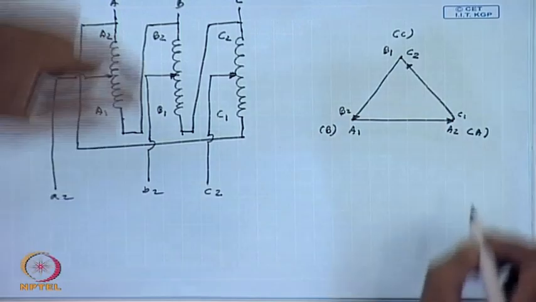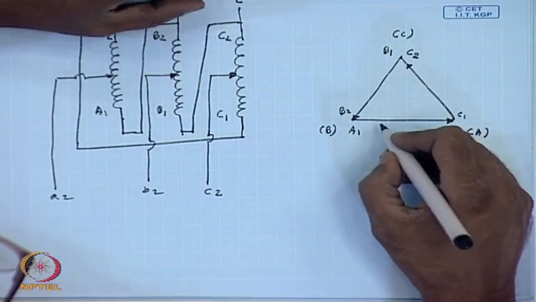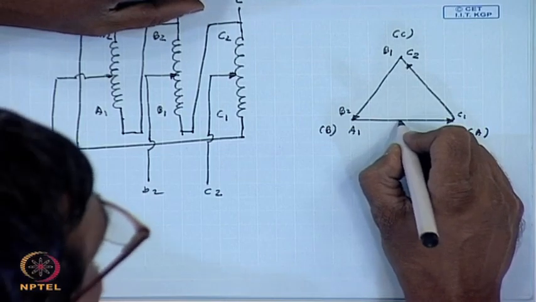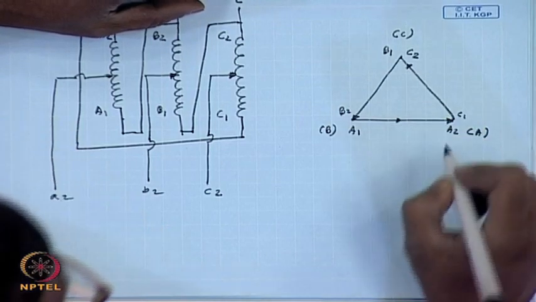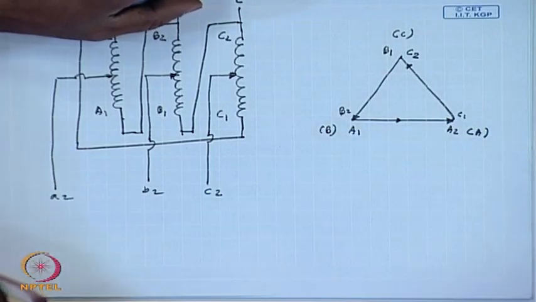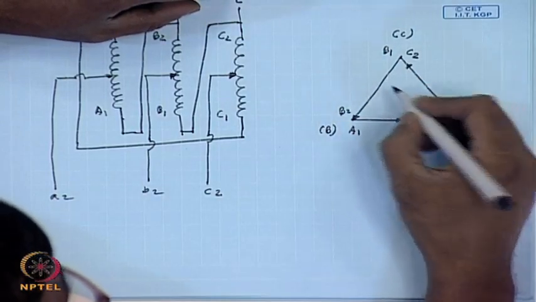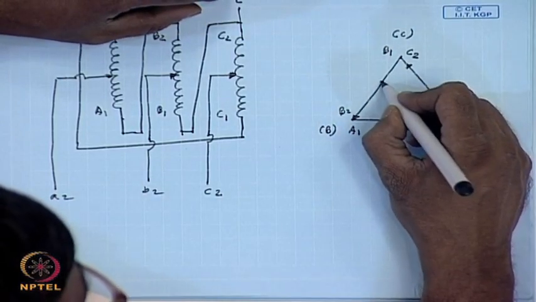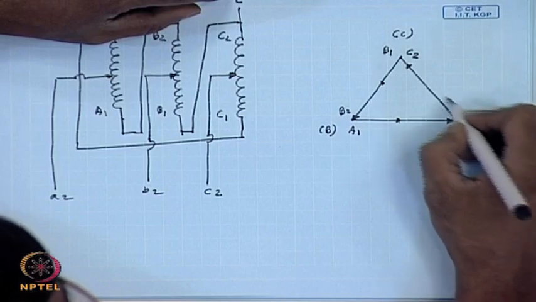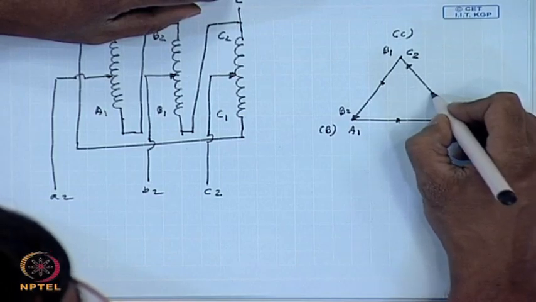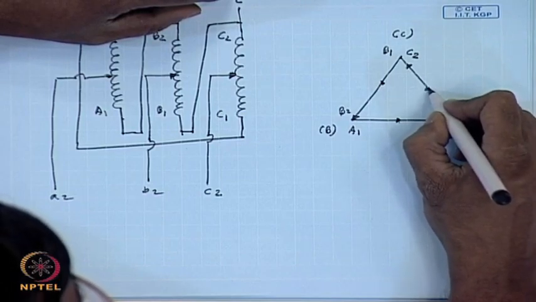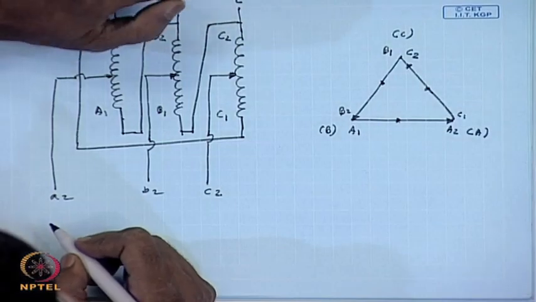So, voltage A1 small a2 will be here, B1 small b2 will be of equal magnitude, and C1 small c2 will be of equal magnitude.